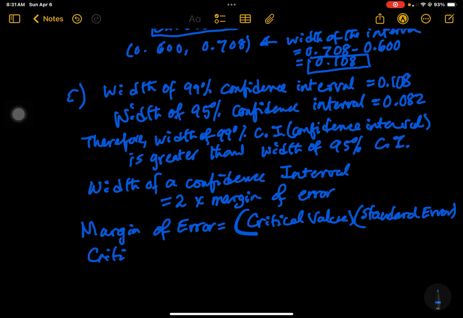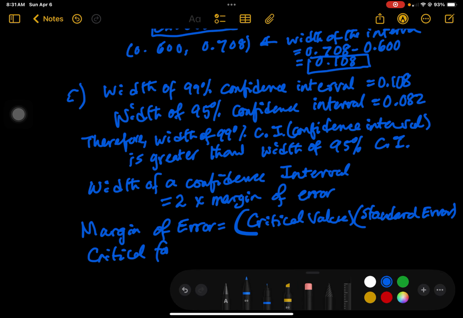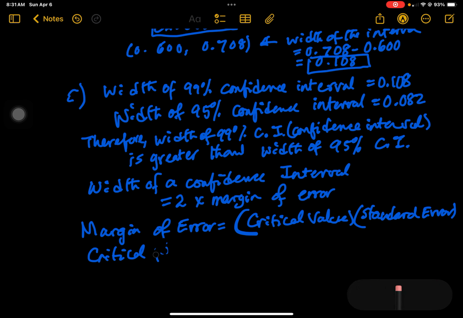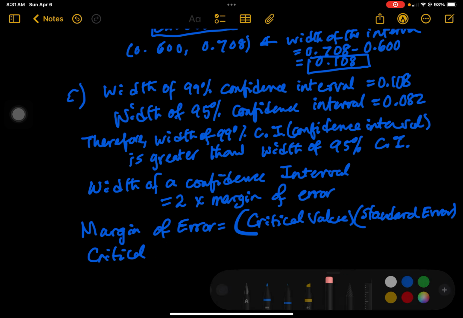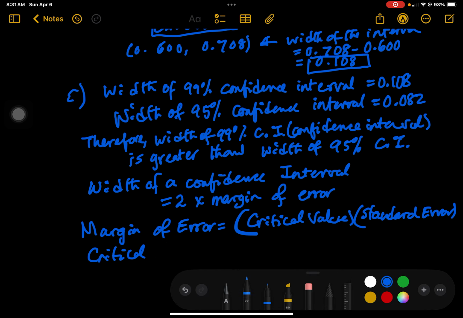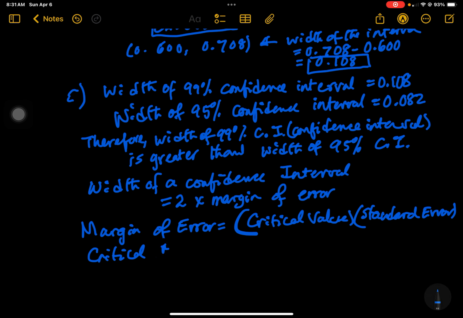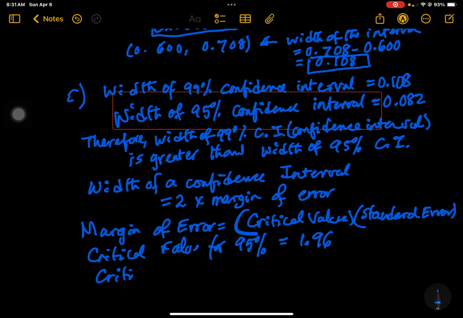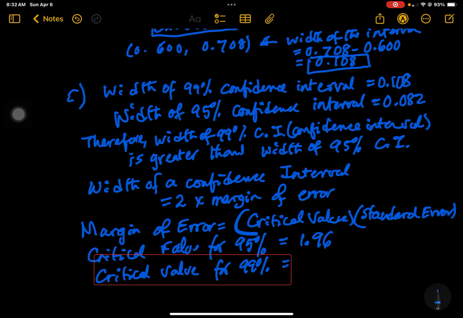The critical value for 95% is equal to 1.96, and the critical value for 99% is equal to, let me make sure I'm writing the correct thing. How do I get it?